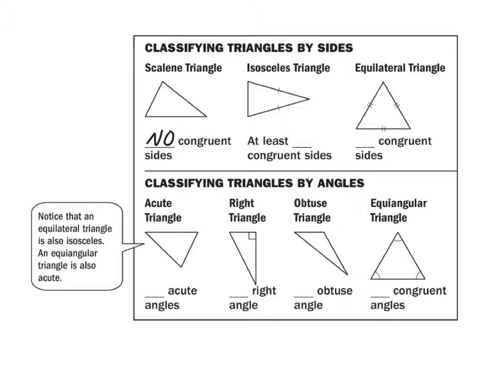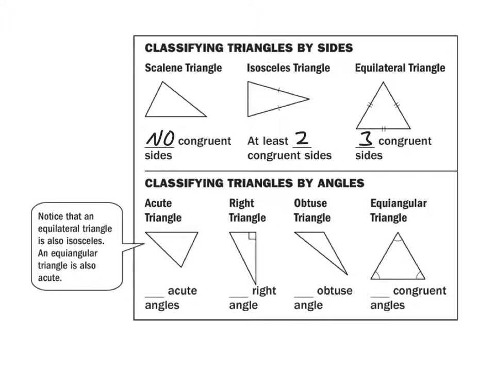Okay, well, let's see. Isosceles triangles have at least 2 congruent sides. In high school, we say at least 2. And the reason is because equilateral triangles have 3 congruent sides. But all of the properties that we are going to learn in this class about isosceles triangles also apply to equilateral triangles.